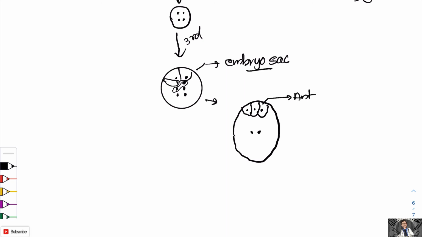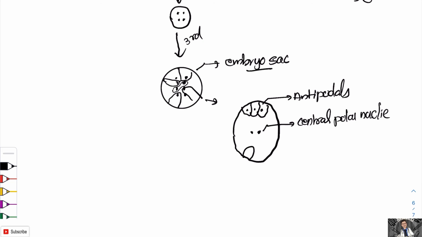So we have the antipodals, the central polar nuclei, and then at the bottom these 2 cells form the synergids. What do we call them? Synergids. Whereas we have another cell in between them, and it's called the egg or the female gamete.